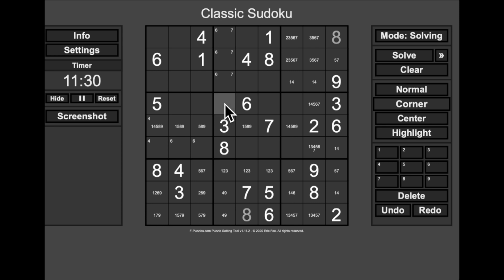This cell's the only one left in this column to be filled, but it can be a whole bunch of stuff. Oh, it can't be 5 either. Okay. Oh, there's a 6 here, which means that's not 6. There's that.